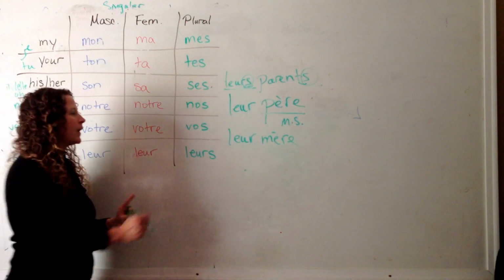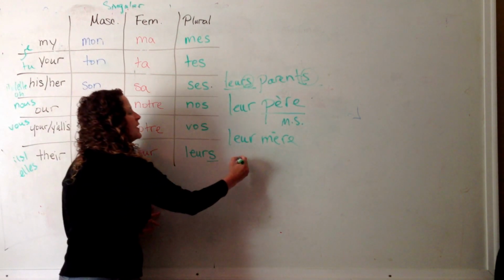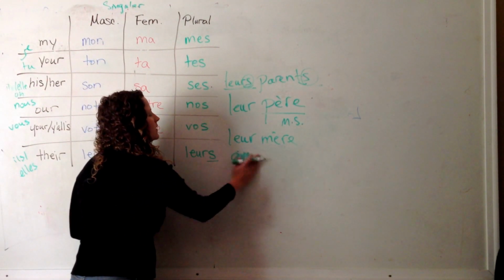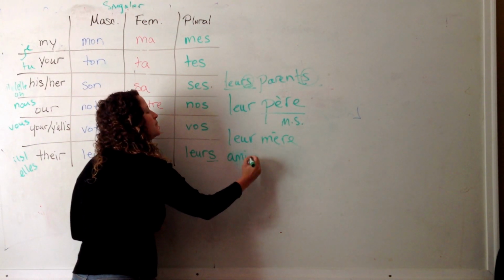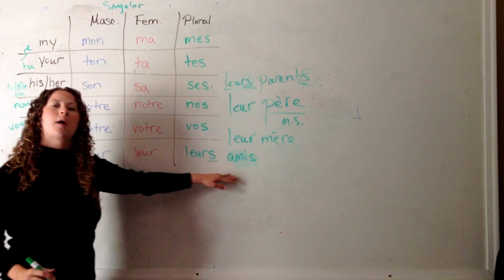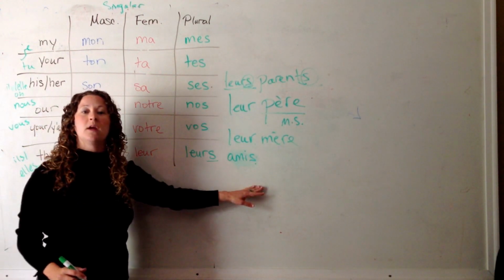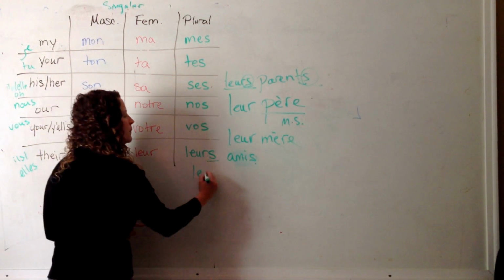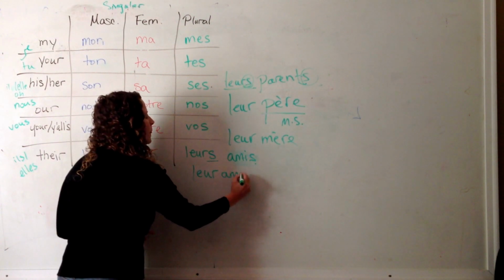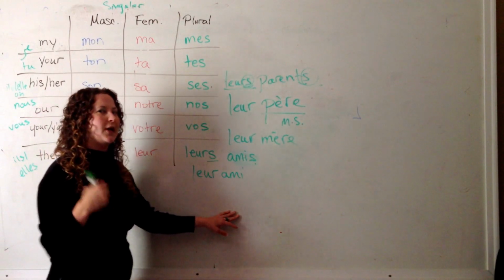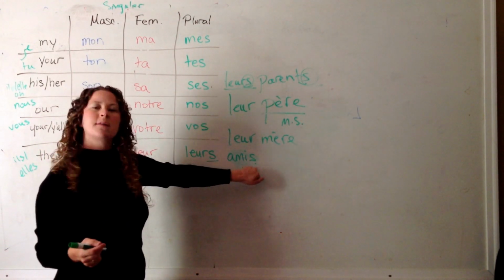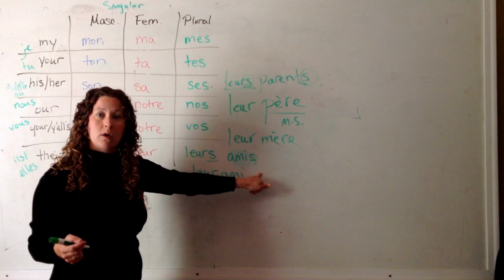But remember, you're only going to pronounce this S if the next word begins with a vowel. So, for instance, if I wanted to say their friends, leurs amis. If it was their friend, it would be leur ami. And that's where you would hear the difference. Remember, in English, we're used to hearing the plural on the end of the word.